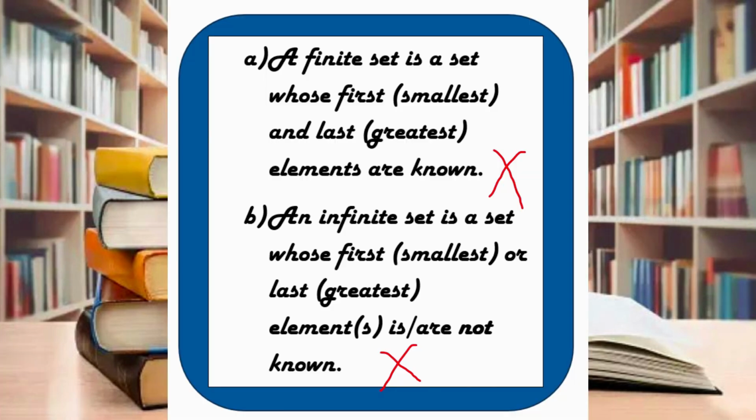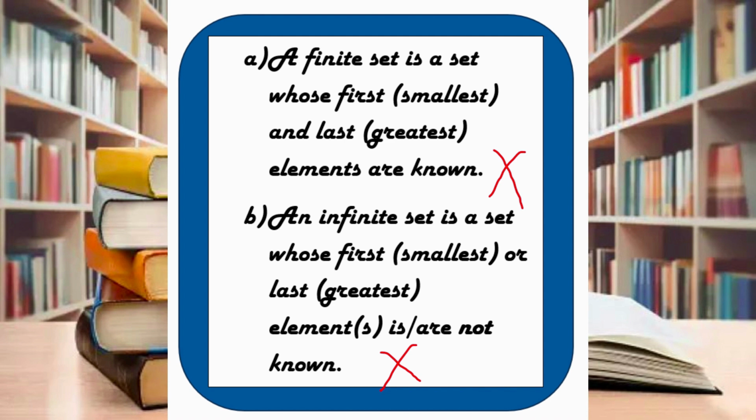In this video, I come against the following definitions regarding finite and infinite sets. These are: 1. A finite set is a set whose smallest and greatest elements are known. I have issues with that. And 2.